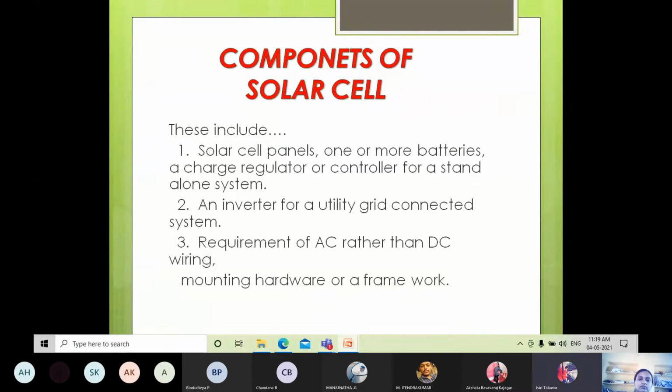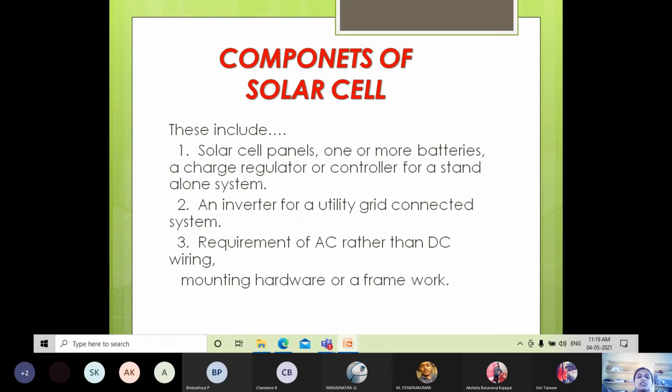Ma'am, it is an electrical device that converts the energy of light directly into electricity by the photovoltaic effect. Okay, and these semiconductors produce electricity when sunlight falls on their surface.